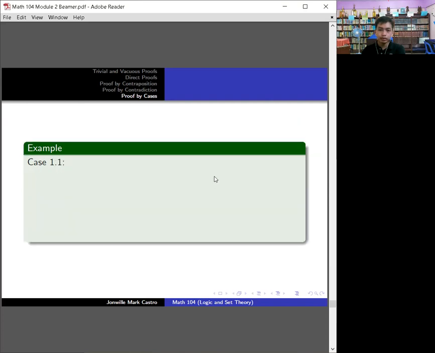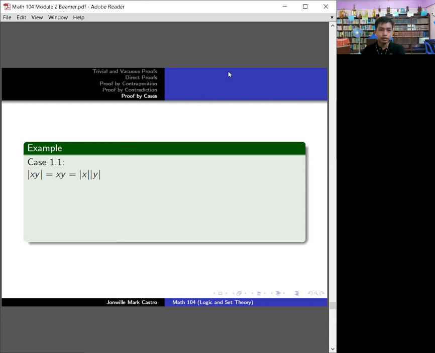Case 1.1 is x and y are both positive. Kapag positive sila, walang problema since absolute value ng positive numbers ay positive.